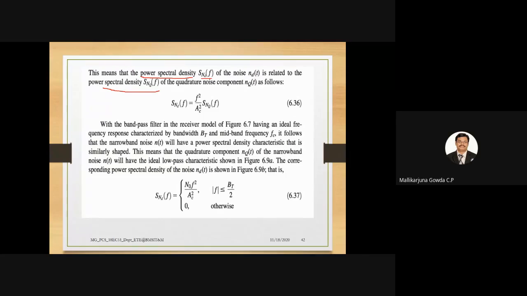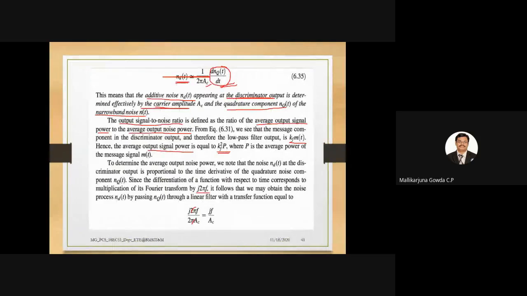So with that I can write, we found the expression here: jf by A_c.